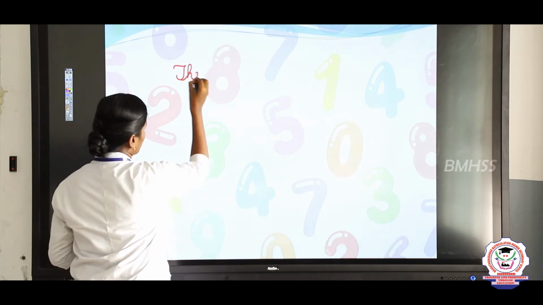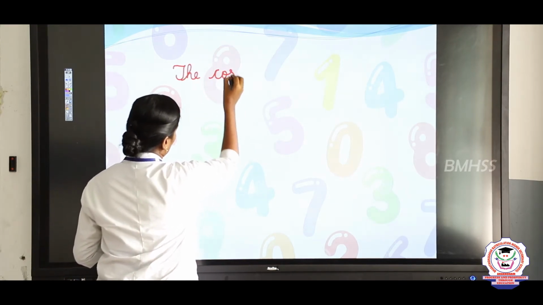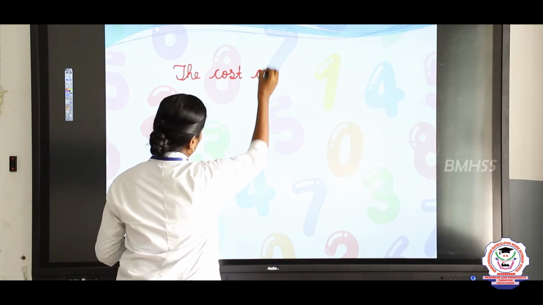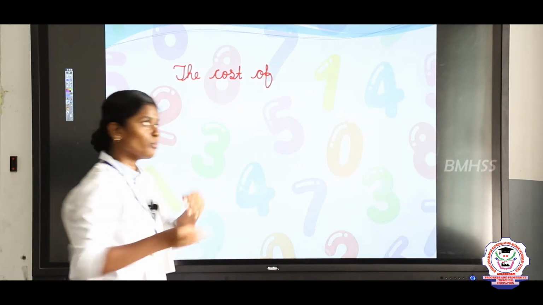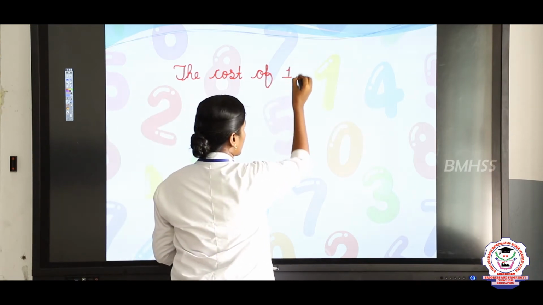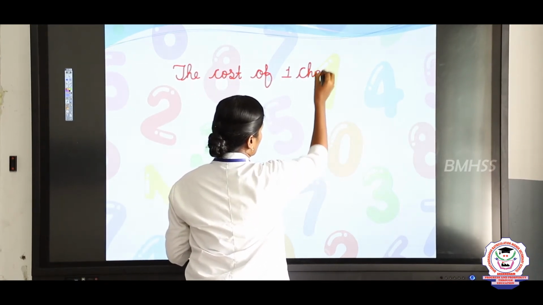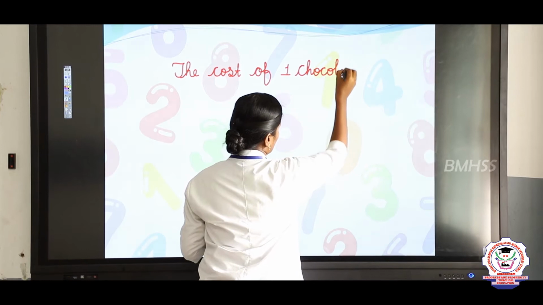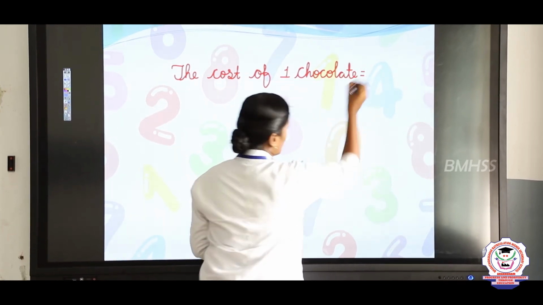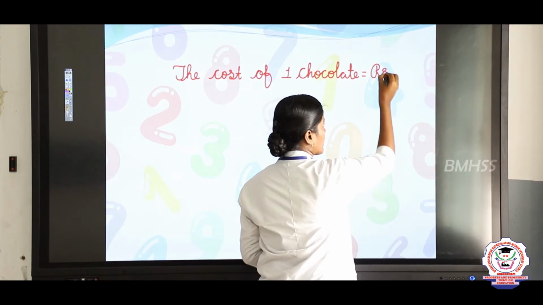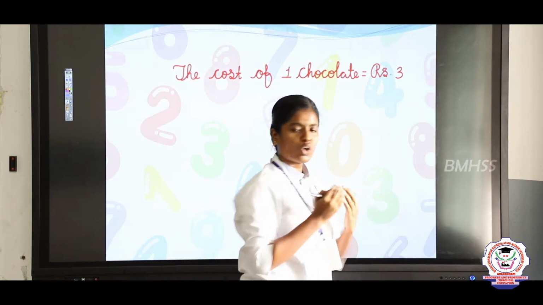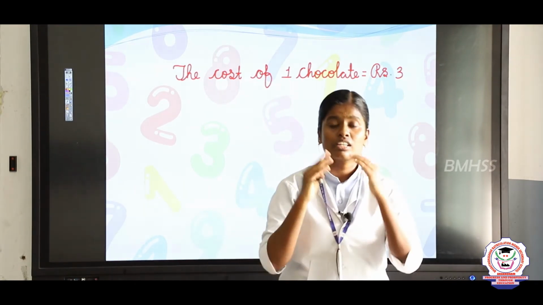The cost of one chocolate equals 3 rupees. The total strength of the class students is 23.